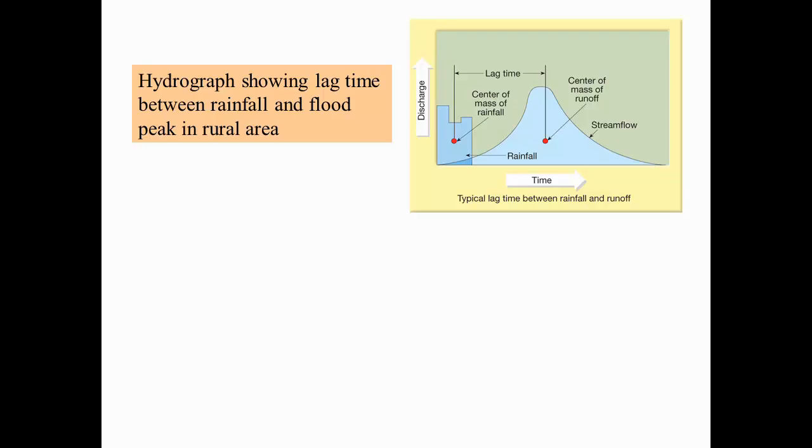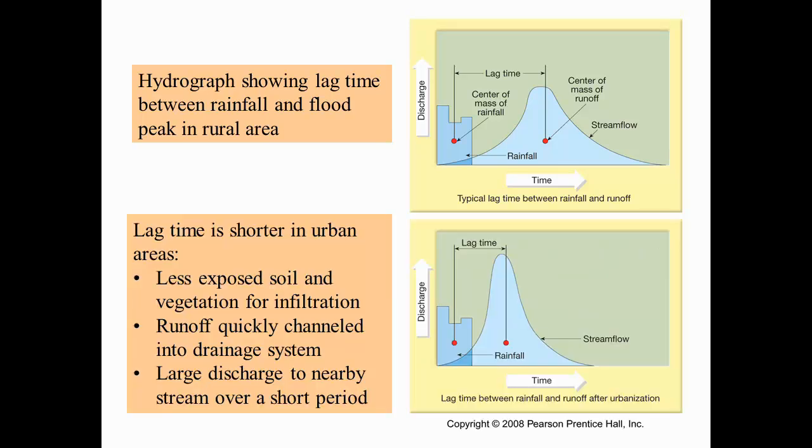The upper figure shows a hydrograph, and notice there's a lag time between the rainfall and the actual peak of flooding within a rural area. But if we compare the upper diagram to the one for an urban area, notice that the lag time becomes much shorter in urban areas.